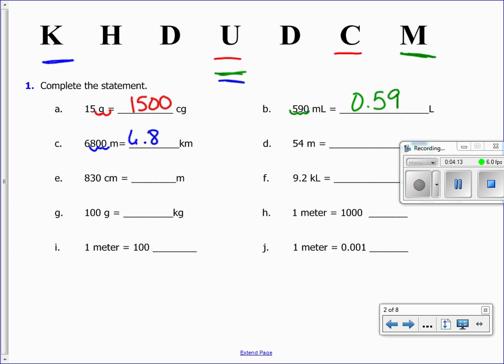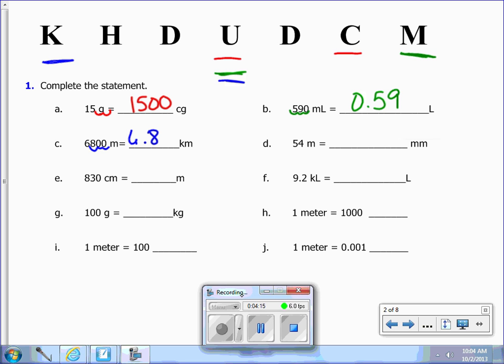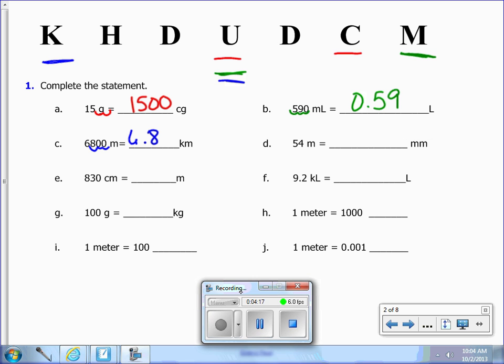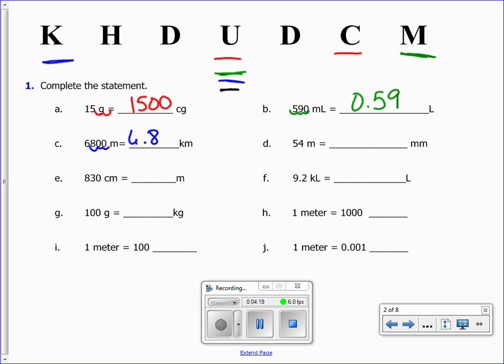Let's do another one. We're at 54 meters, and we're going to millimeters. How many places in which direction? 3 to the right. So if I'm at meters, 1, 2, 3. So 54 meters is equivalent to 54,000 millimeters.